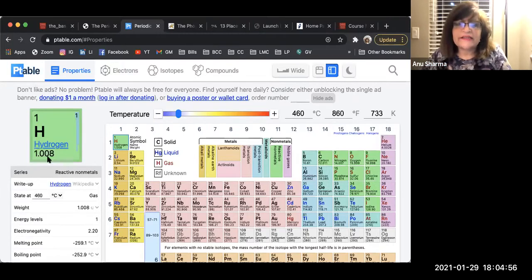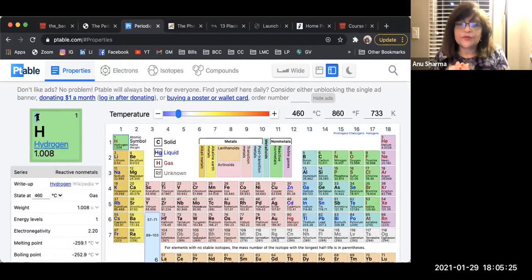So it is very light. It's the lightest one. It's the baby of the periodic table. Now here's an interesting part. This hydrogen just by itself, with one electron or one proton, the mass number, and we're going to talk about what the protons and electrons are, is 1.008, which is in atomic mass units.